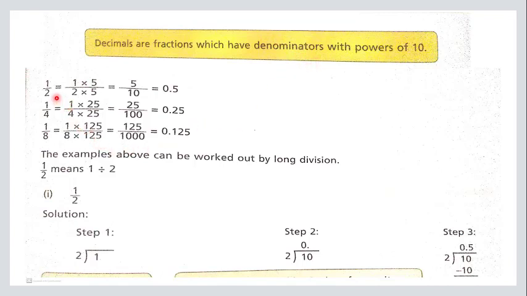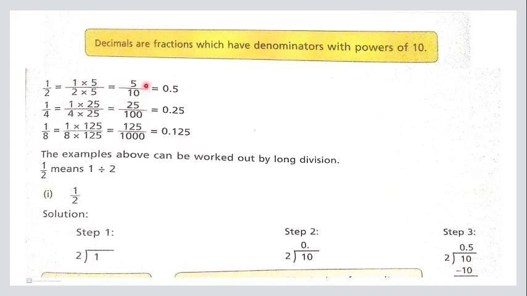For example, we have a fraction 1 by 2. Now this 2 can be changed into a power of 10. How can we do that? If I multiply 2 with 5, I will also have to multiply the numerator 1 with 5. So if I multiply and divide 1 by 2 with 5, this becomes 1 multiply 5, 5, over 2 multiply 5, 10.